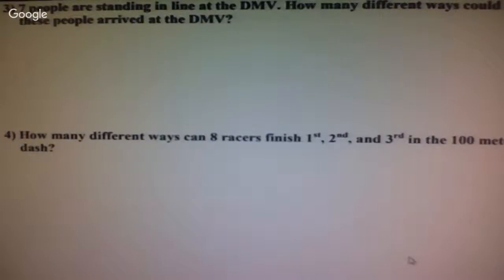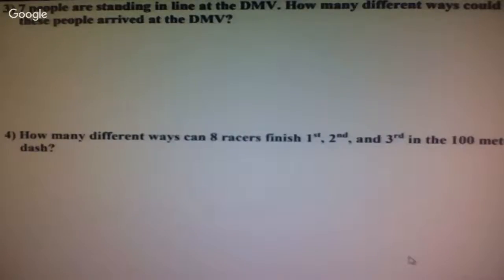Okay? Number 3, 7 people are standing in line at the DMV. How many different ways could these people arrive at the DMV? How do I know that this is a permutation? What tells me that the order matters and can't repeat?